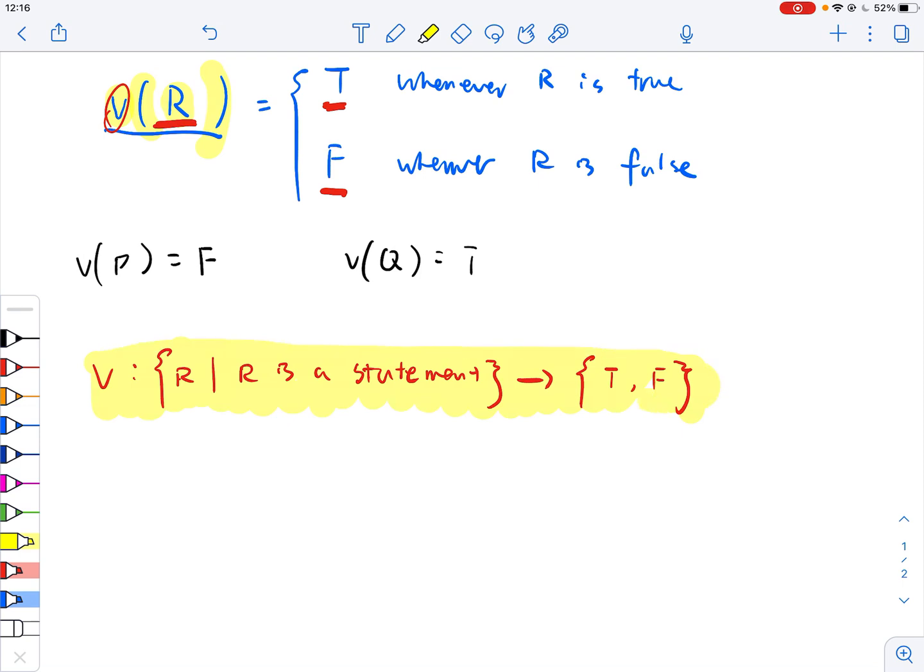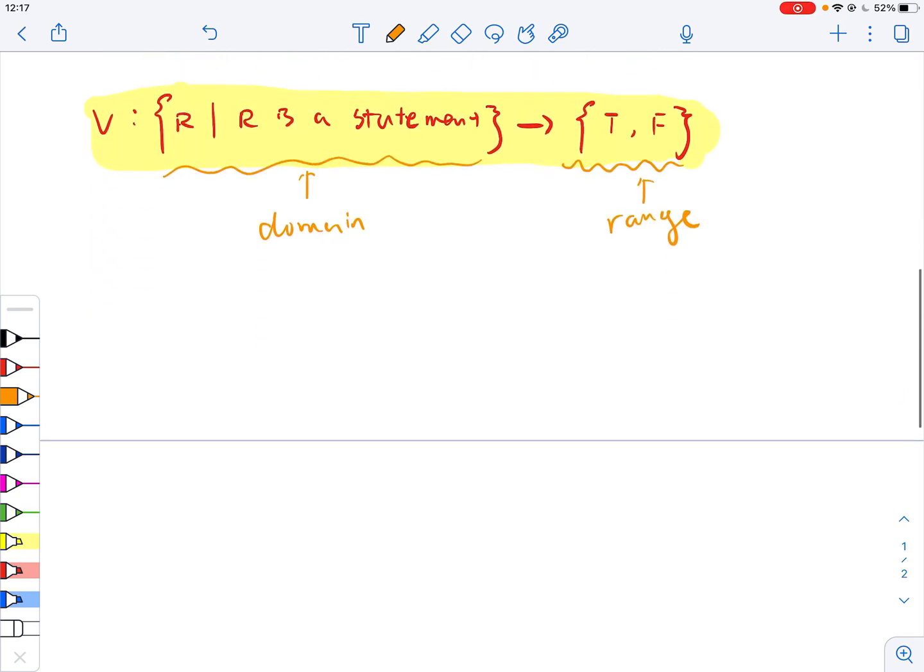That is, we have V's domain to be this guy over here, and this guy is the range of V. So we are basically saying that given any statement R, then R must be in the domain, because we said that R is a statement.